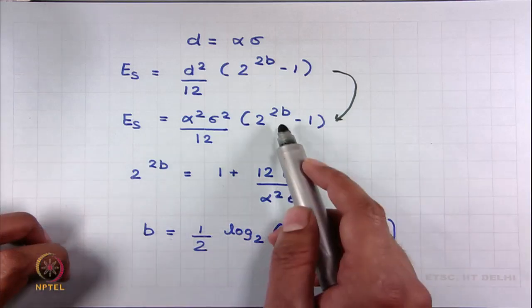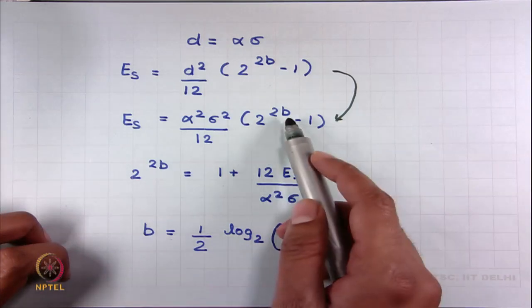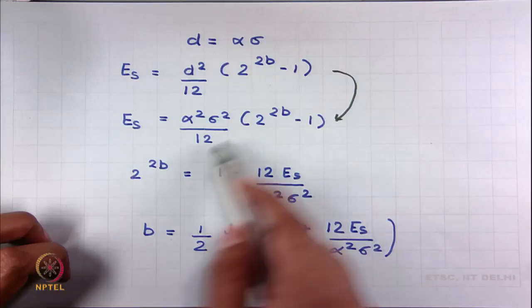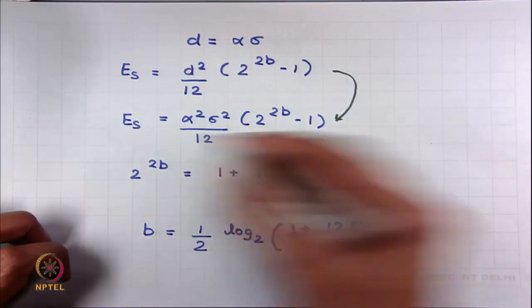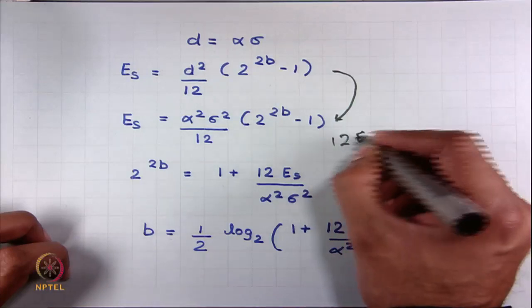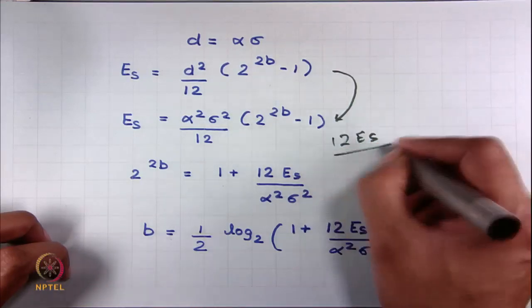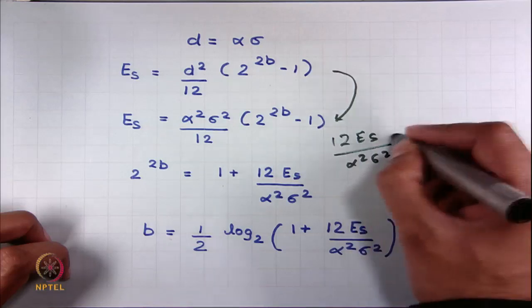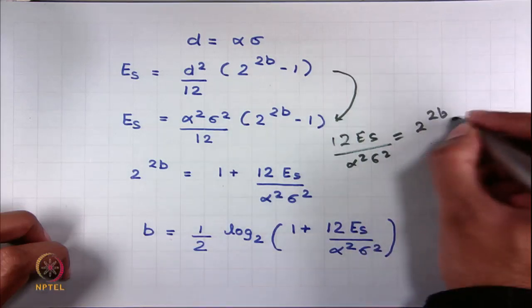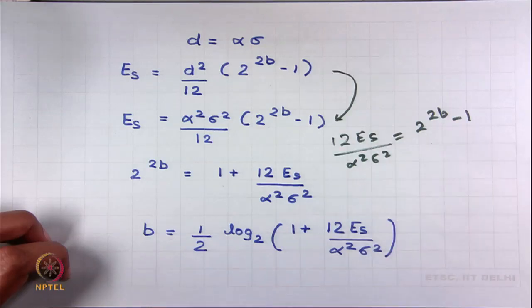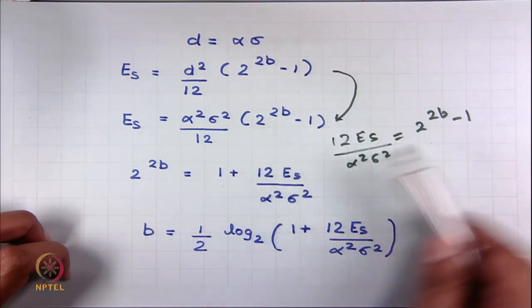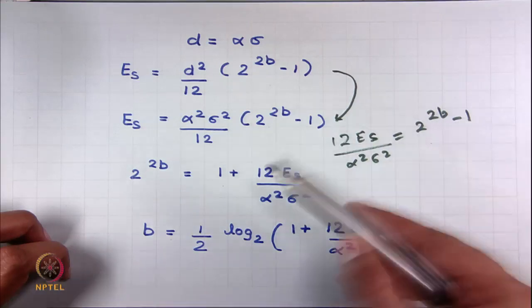From this I can get 2 to the power 2b is 1 plus this thing. So, what we are doing is we can write this as, from this expression we can get this expression, and then it is straightforward. I shift 1 to that side.